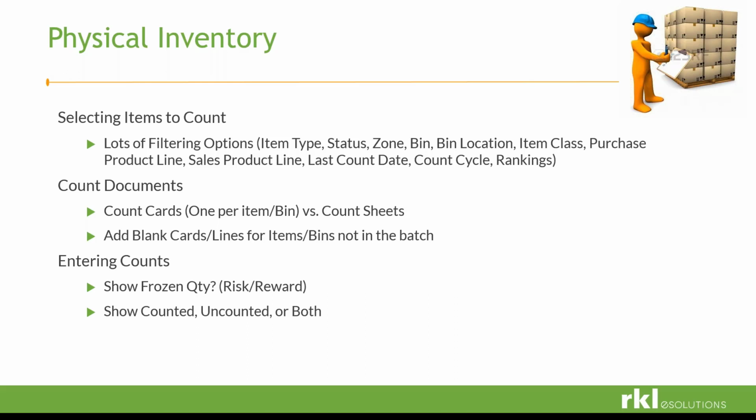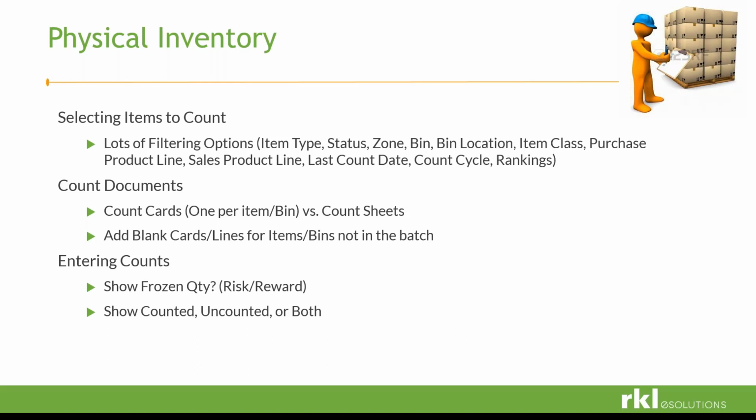When the user is in that enter counts task, you also have the option for displaying only the items that have been counted, only the items that have not yet been counted, or all items. So when they're initially entering the counts, it probably makes sense to include both counted and uncounted so that you've got a line for every item that should have been frozen and counted, as well as those blank lines that we mentioned earlier.